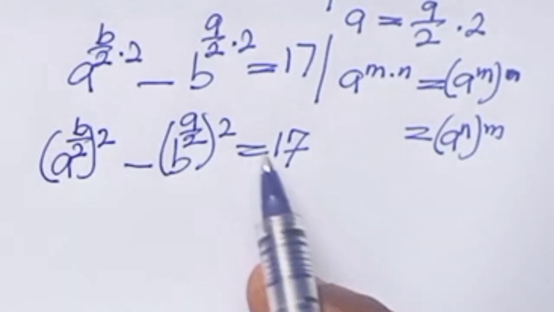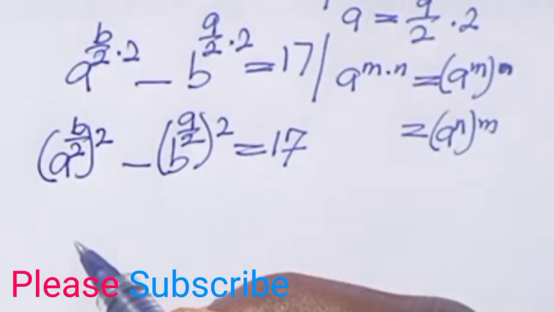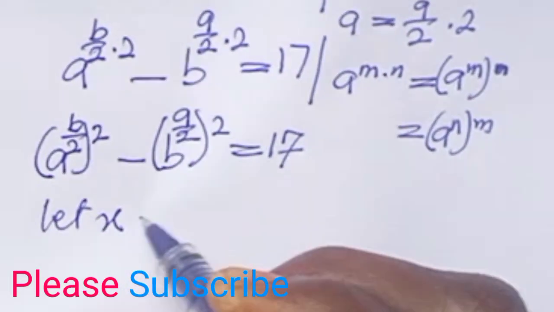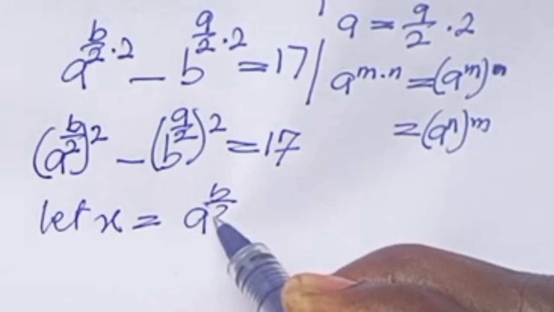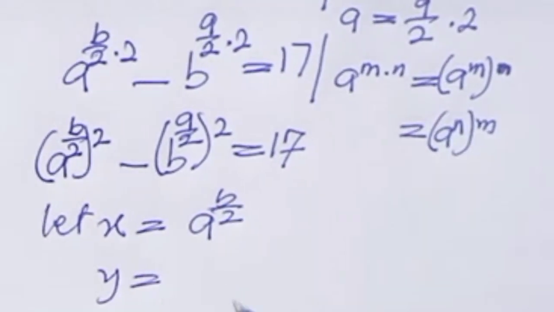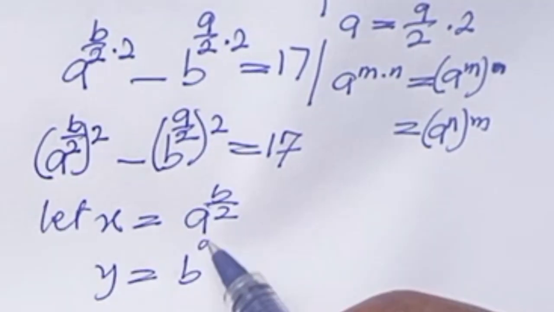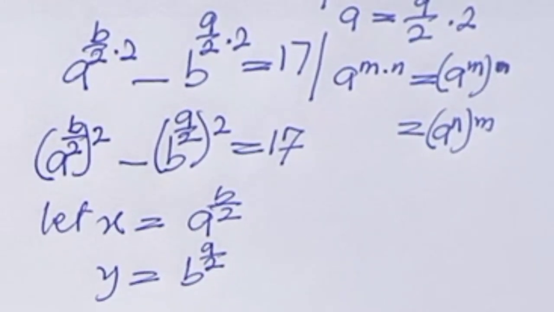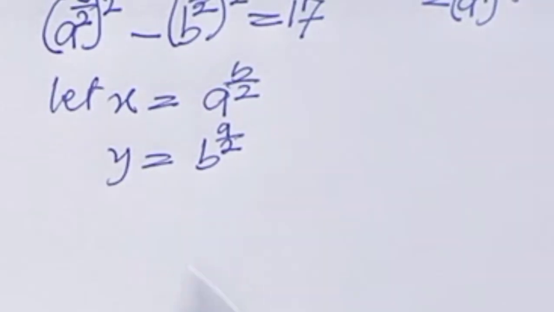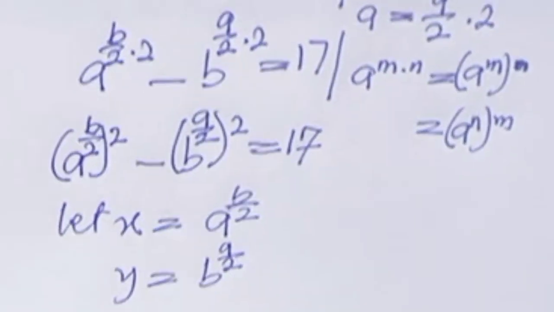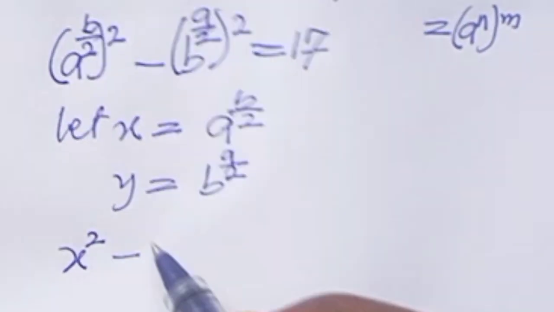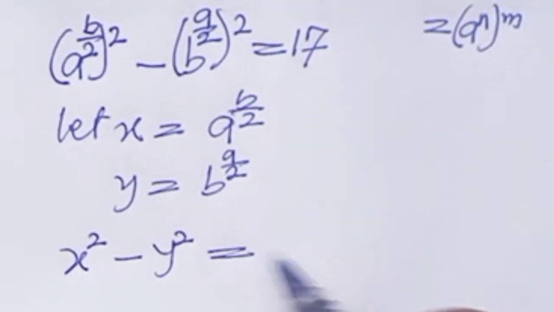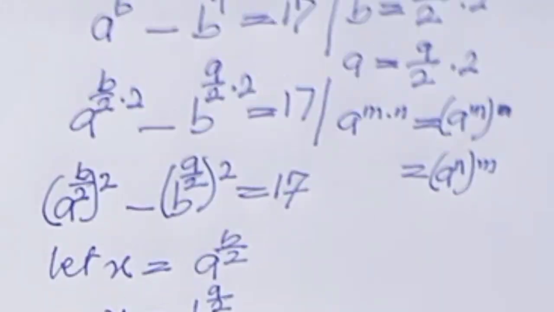So if we consider a change of variables, then we can say let x be a to the power of b over 2 and y be b to the power of a also over 2. That way, this equation becomes x to the power of 2 minus y to the power of 2 equals 17.